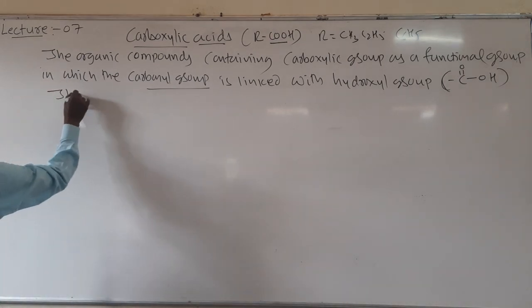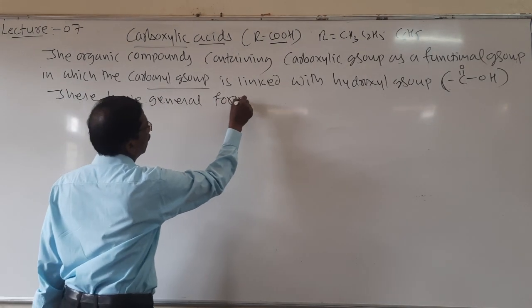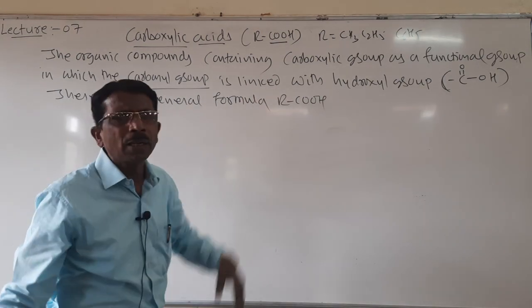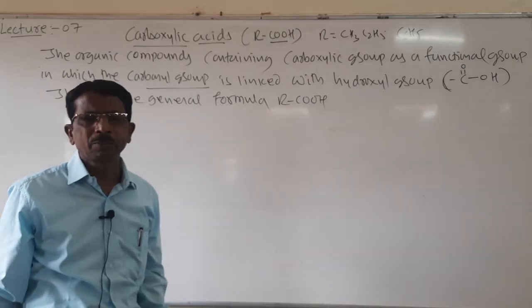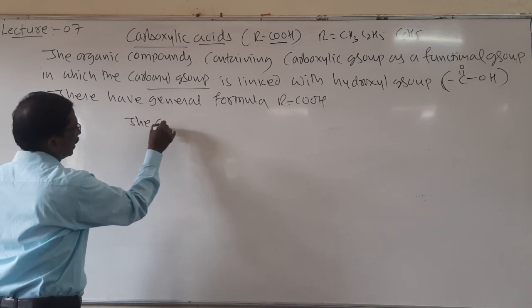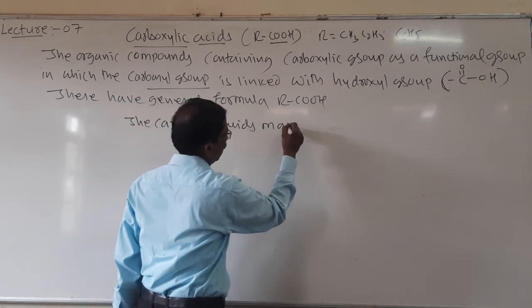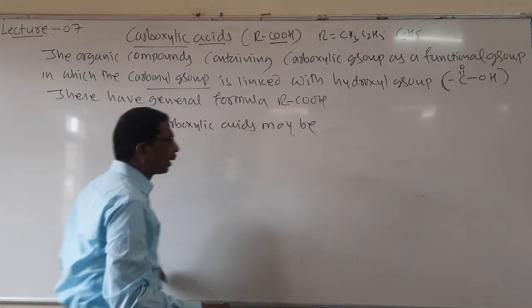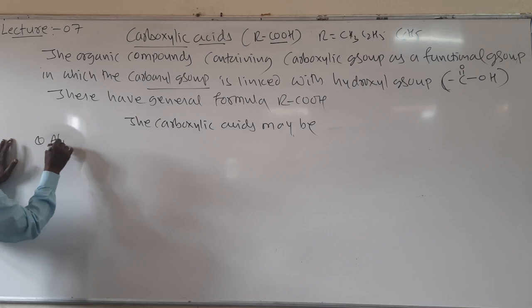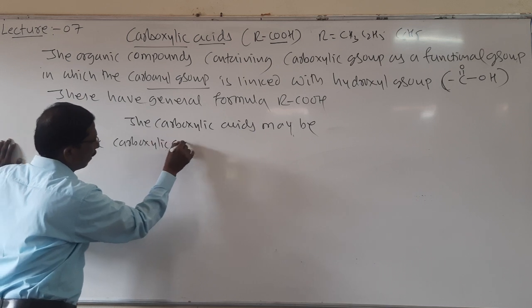These have the general formula RCOOH, and R may be an alkyl or R may be an aryl group, as I have already written there. Then look here, the carboxylic acids may be, number one, aliphatic carboxylic acids.